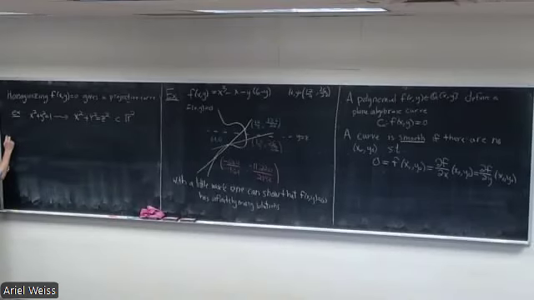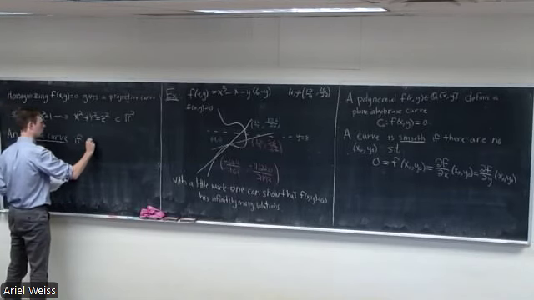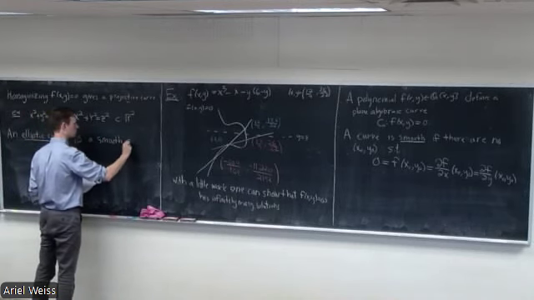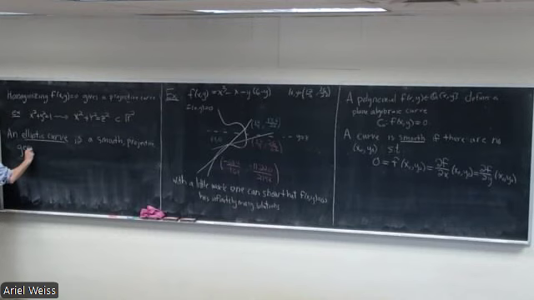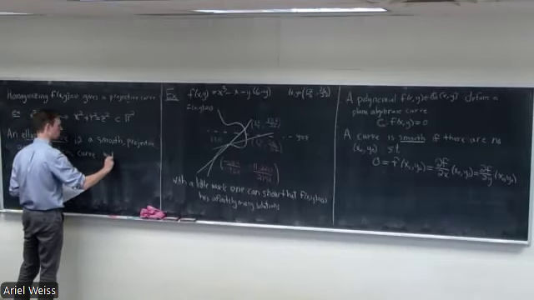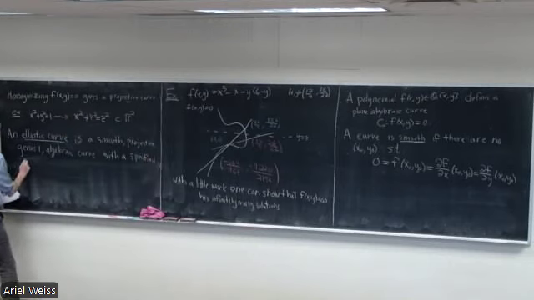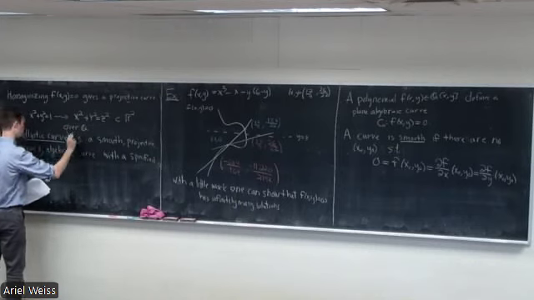And then an elliptic curve is a smooth projective genus one algebraic curve with a specified point over the rational numbers.